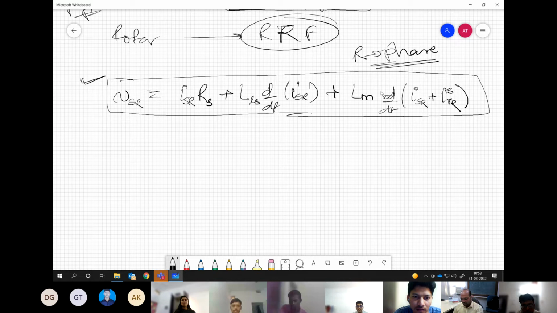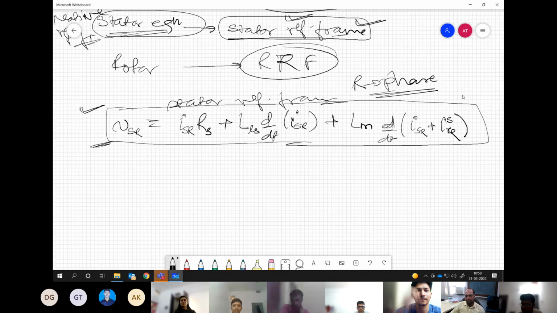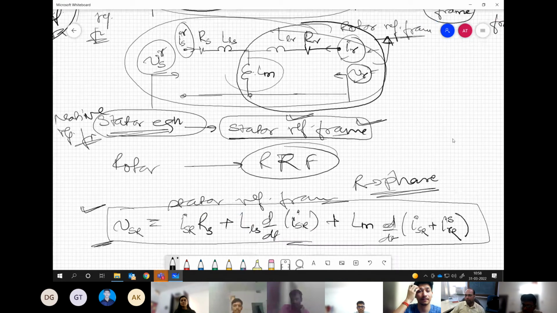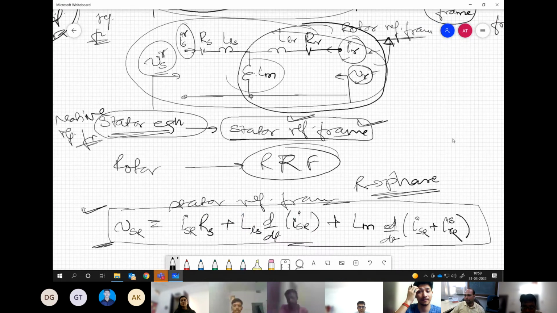Okay, this we are writing stator equation. So in which reference frame are we writing this? Stator reference frame. Now I will write rotor equation, rotor KVL. So which reference frame it should be? The rotor reference frame, native. Rotor native reference frame.